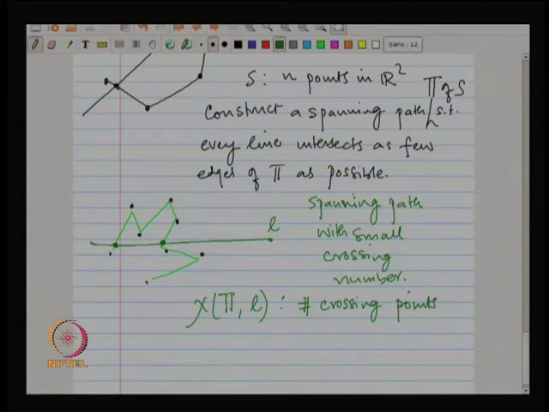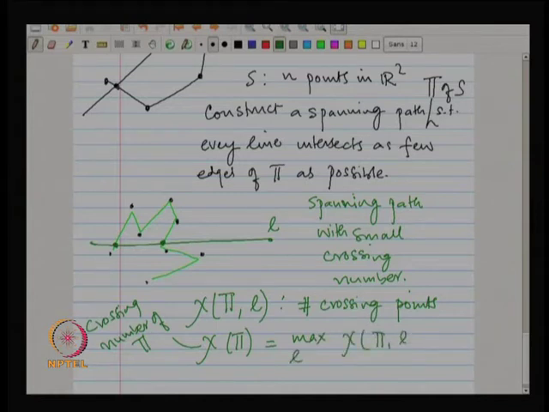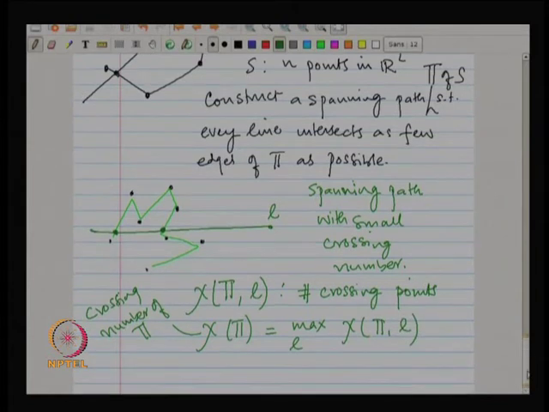Then I define the quantity that's the crossing number for pi, which is the maximum over all lines. That's for a given path. You look at what's the worst you can have.